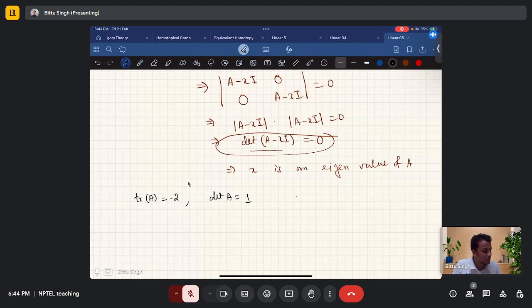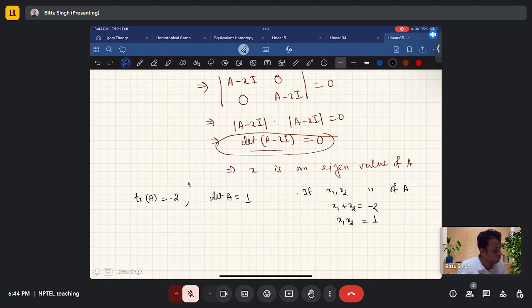We know that the sum of the eigenvalues, and there can be two eigenvalues because A is a 2 by 2 matrix. Therefore, if x1, x2 are eigenvalues of A, then their sum is x1 plus x2, which is -2, and their product is 1.